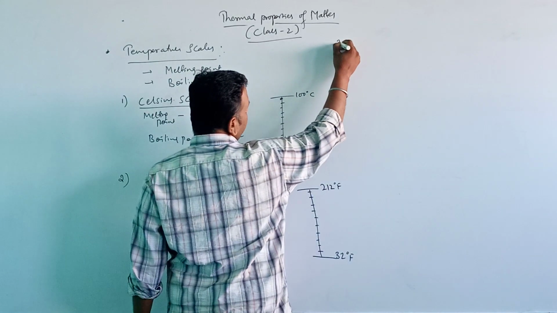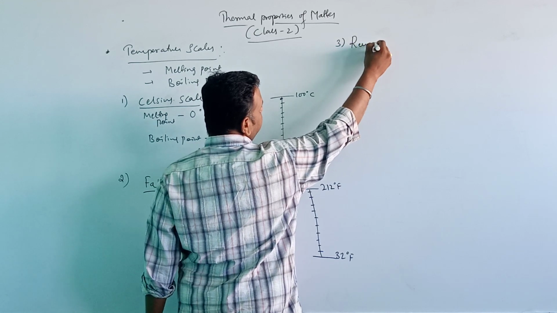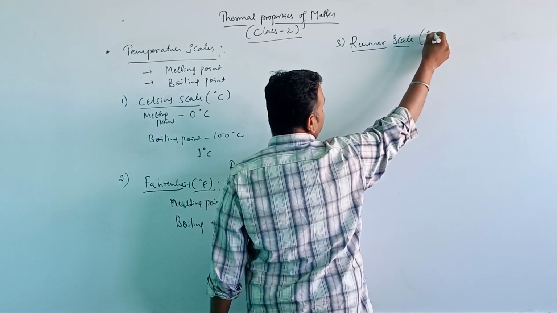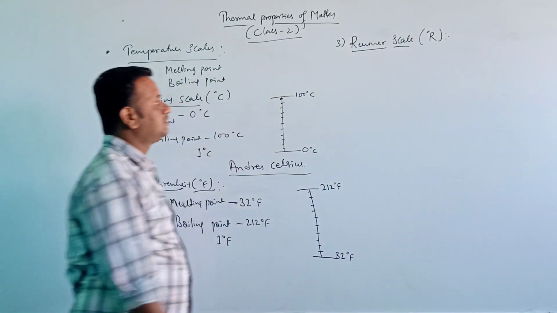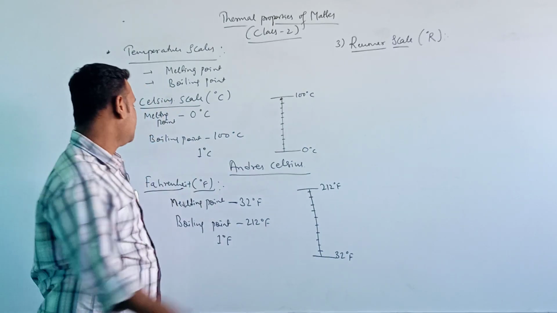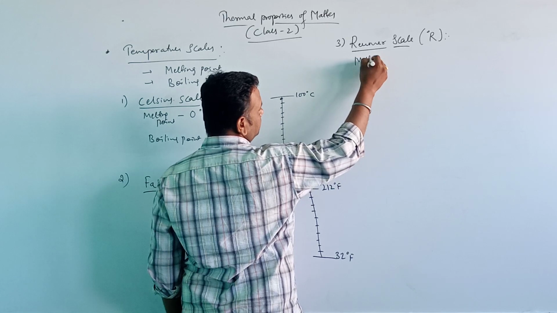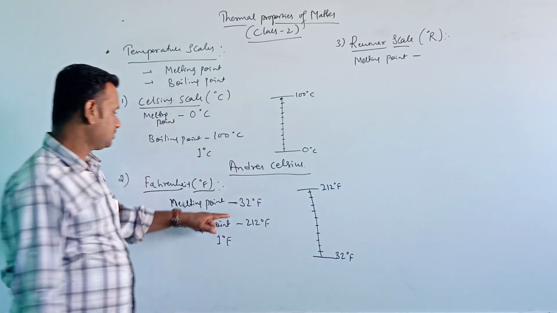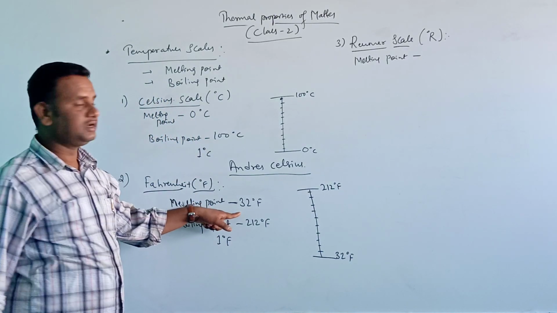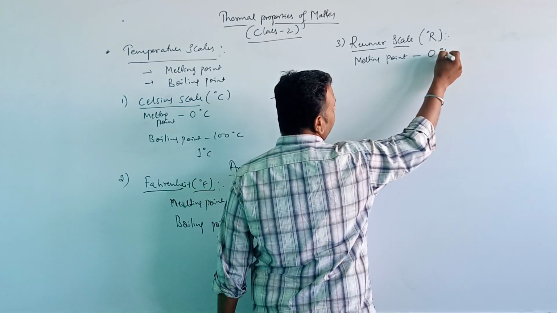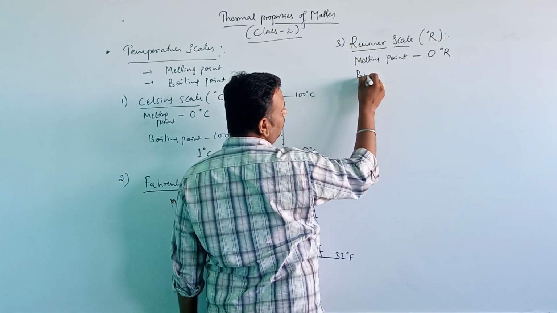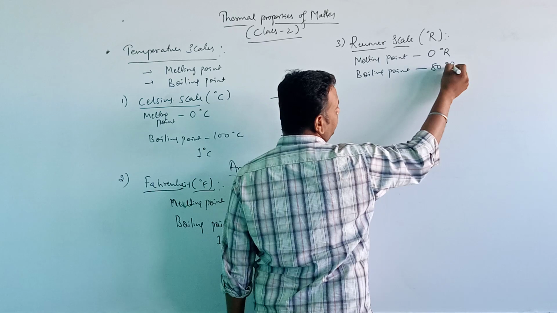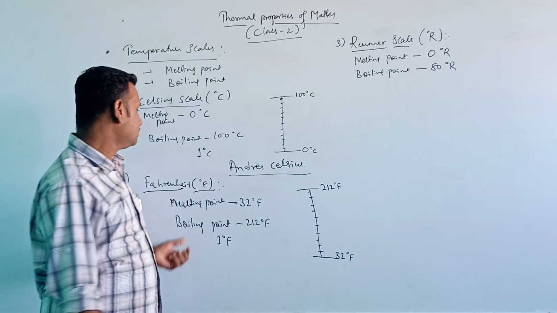Now next we have the Reaumur scale. In Fahrenheit, the melting point is 32 degrees Fahrenheit; here in the Reaumur scale, it is 0 degrees Reaumur, and the boiling point is 80 degrees Reaumur.